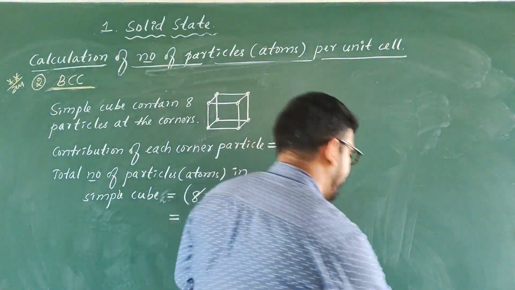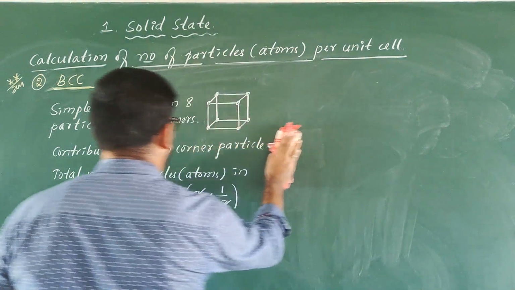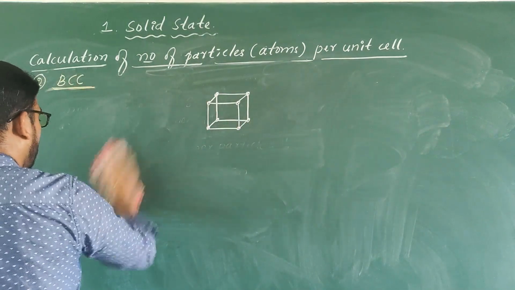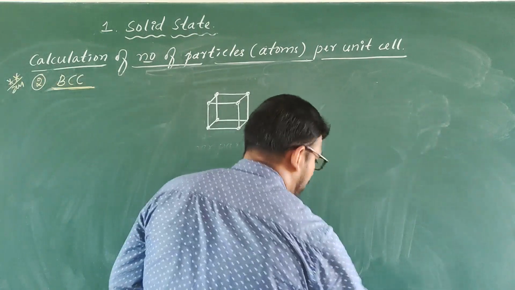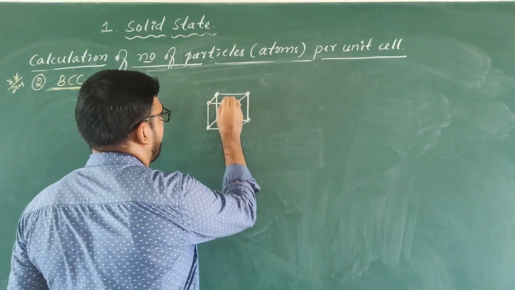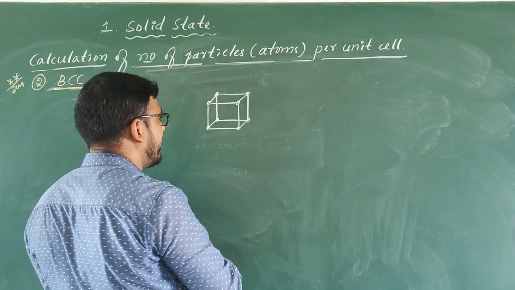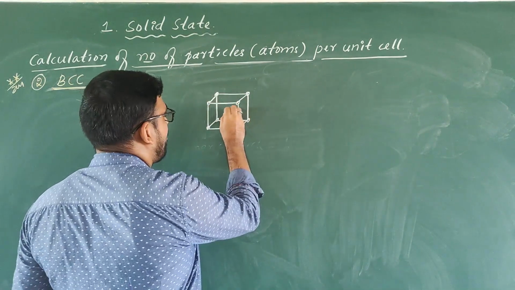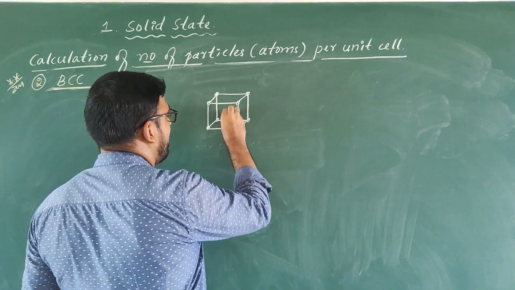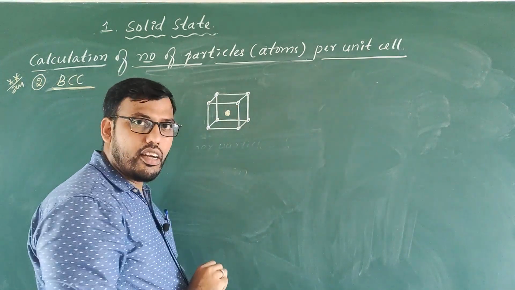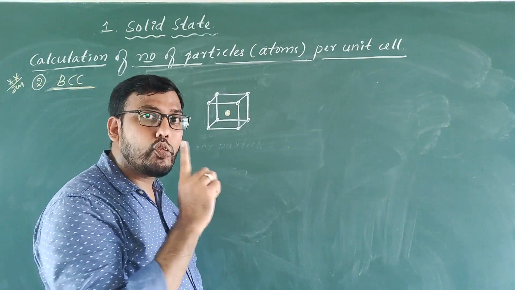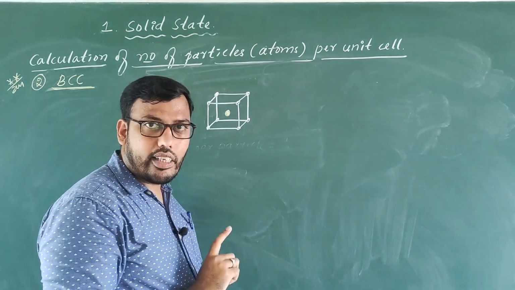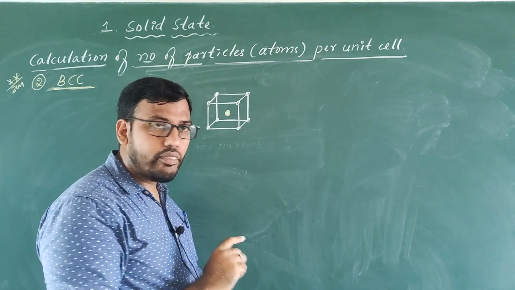So now the diagram will be, firstly a unit cell has 8 corner particles as it is. Next, one more particle is present at the body center. It means there are 2 types of particles present now. 2 types of particles. How 2 types?